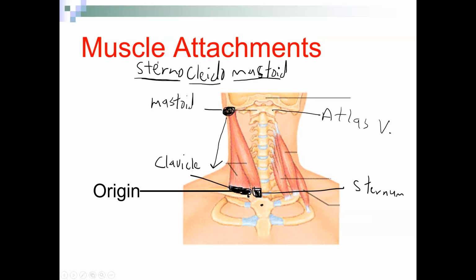So once again, origin, sternum and clavicle, insertion, the mastoid bone, and the movement, of course, is going to be, what would you call this? This is like you're looking down onto the side. So I'd call that lateral flexion, right? Maybe partial rotation as well, but we'll see.